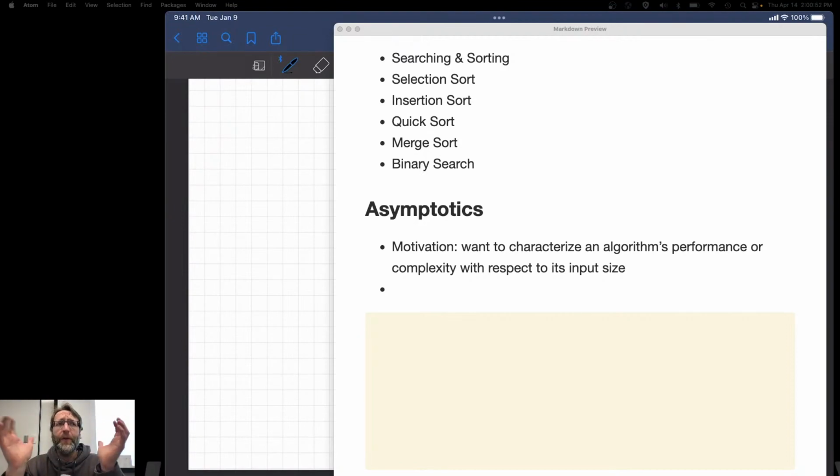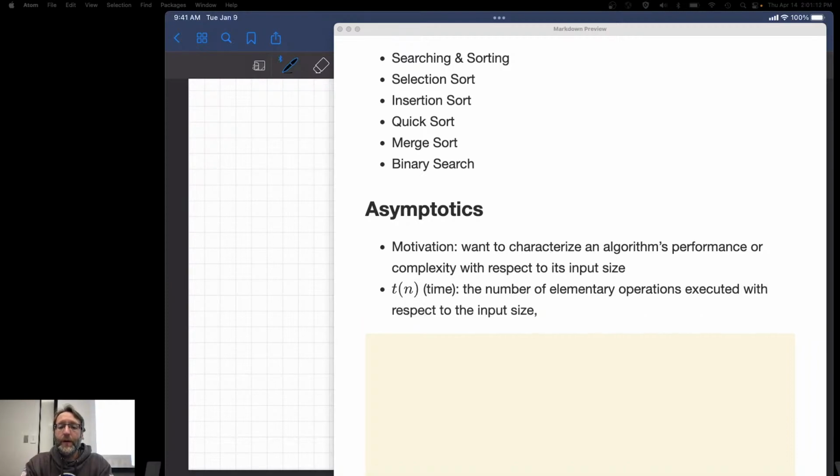But otherwise, you come up with this function, this t sub n function, right? We're just calling it t sub n because it's time. This is going to characterize the number of elementary operations executed with respect to the input size n, right?